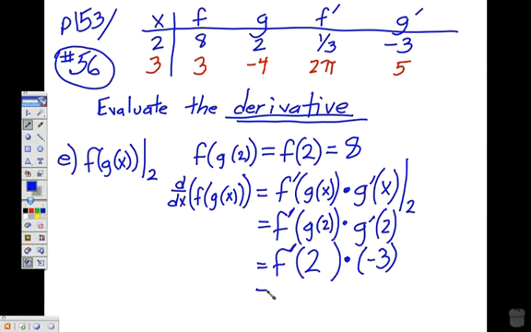And now, f prime of 2, f prime of 2 is 1/3. Times, we still have this negative 3 here, which means 1/3 times 3 is 1, and we've got that minus sign there. Negative 1 is our final answer.